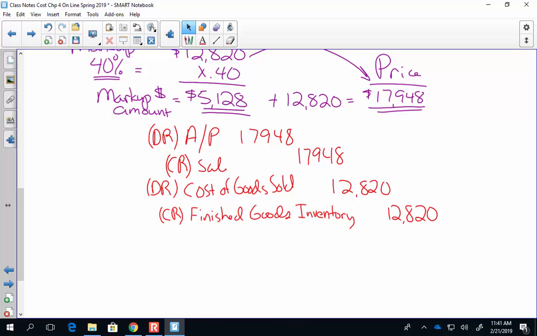Remember from accounting 1, every sales transaction has two parts, the revenue part and the cost part. Obviously, the difference between the sale amount and the cost amount is our gross margin, right? So that's what appears on our income statement, that computation itself.